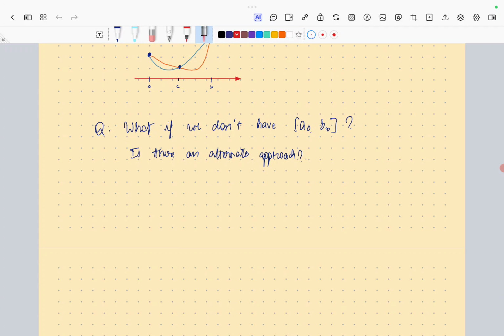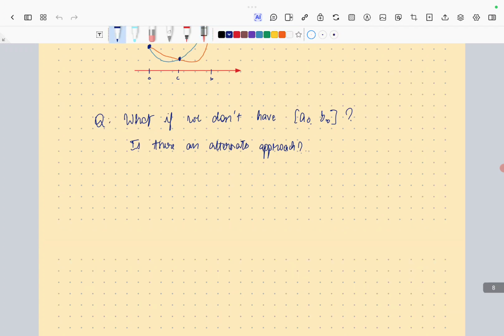So one approach that we'll see are these class of gradient based methods, or in the context of one dimensional optimization, derivative based methods. You need the function to be sufficiently smooth, and if so, then you have a bunch of different techniques for minimizing this function, even if you cannot locate an a0 comma b0.